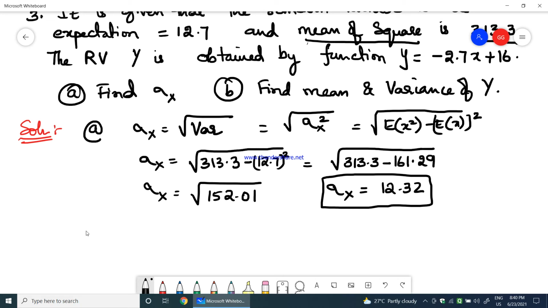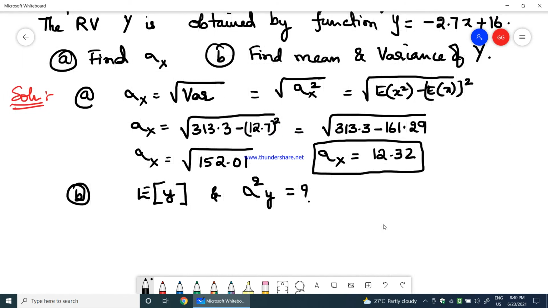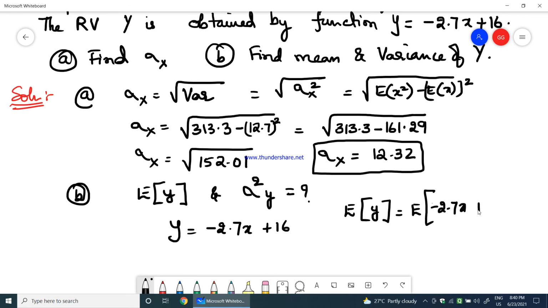Now they are asking to find out what is the mean of y and the variance of y, sigma y square equals what? Okay. So here for the mean of y, the equation is given, y is equal to minus 2.7x plus 16. So here the mean is very simple to find out. E of y is equal to E of minus 2.7x plus 16.